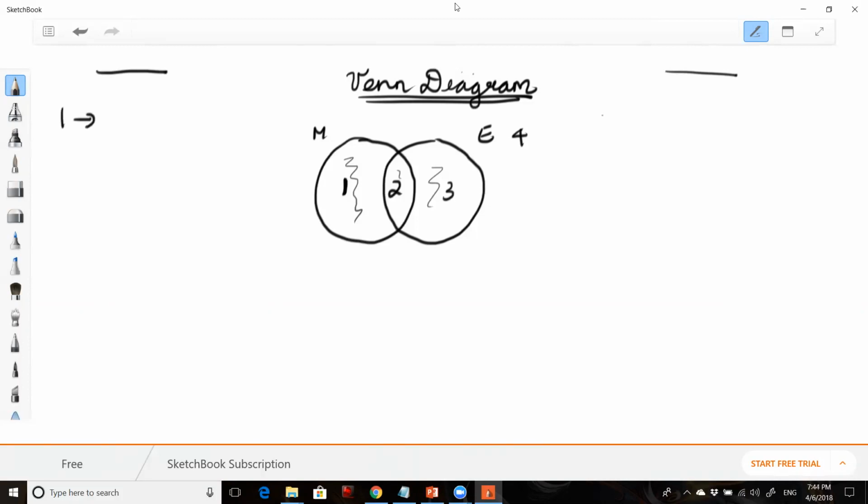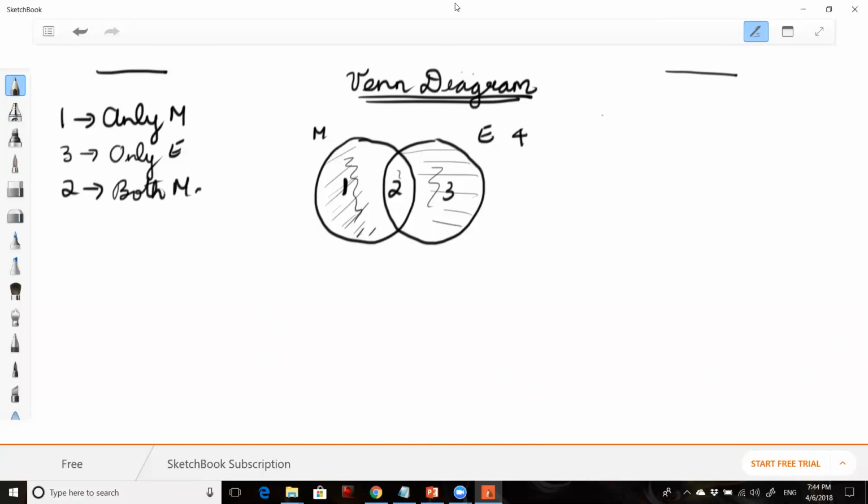Now, what does region 1 represent? Very simple. Region 1 represents the students who've passed only math, because this region is specific to the circle with only M, I don't need the overlap. Similarly, 3 represents the students who've passed only English, because it's part only of the E circle, not a part of the M circle. 2 is a part of both the math circle and the English circle, so 2 represents a student who's passed both math and English.